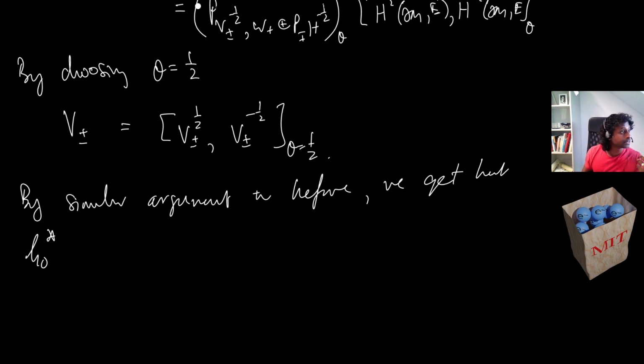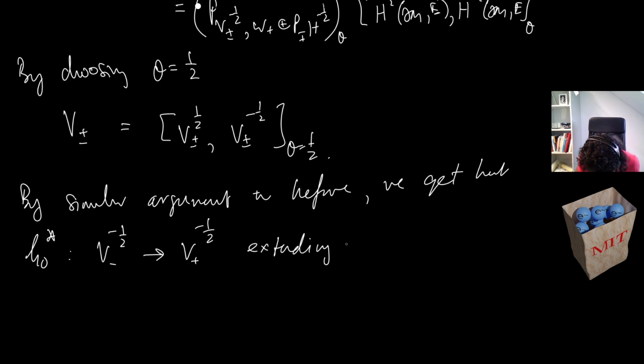This maps V minus a half to V plus minus a half, extending G naught. In fact, we could just get it from what we proved before: we proved that G naught star is equal to H naught, so then H naught star has to extend minus G naught, right? The adjoint of the adjoint gives us back the correct object.